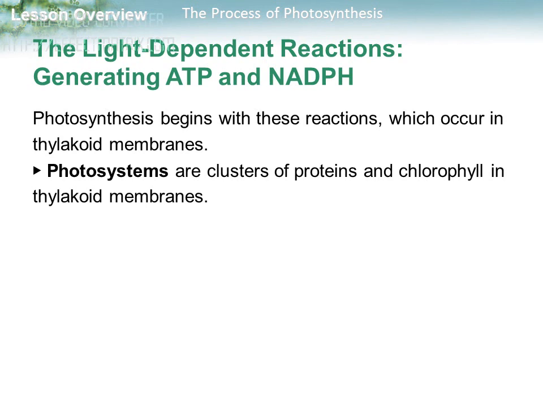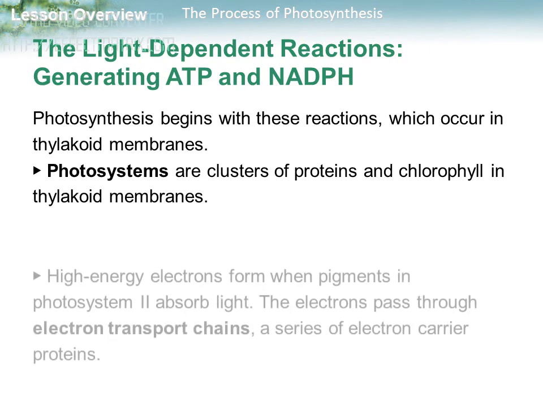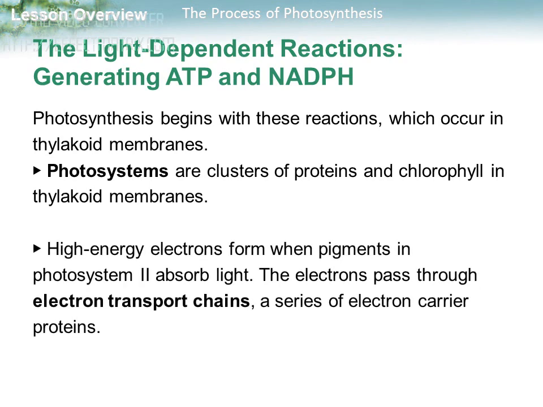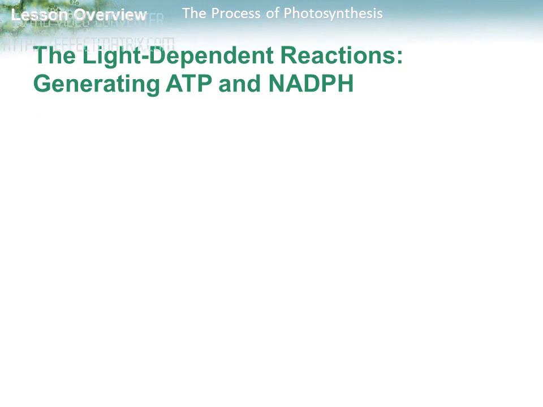What are photosystems? Photosystems are clusters of proteins and chlorophyll in thylakoid membranes. High-energy electrons form when pigments in the photosystem absorb light. The electrons pass through electron transport chains, a series of electron carrier proteins.